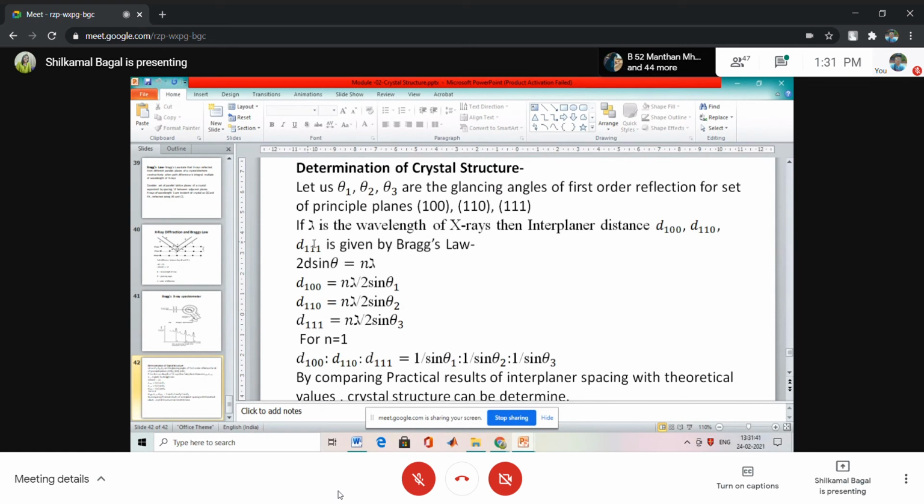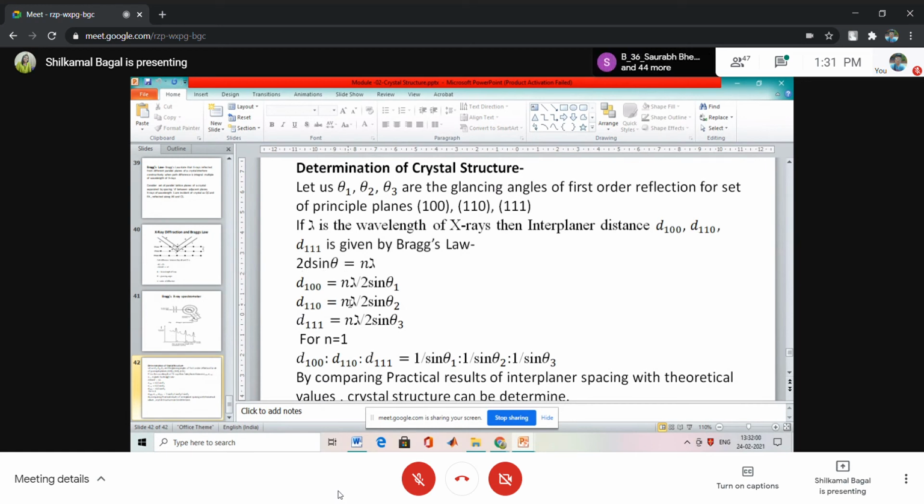Now suppose lambda is the wavelength of X-rays. Then the interplanar distances D100, D110 and D111 are given by Bragg's law, which we have already studied: 2D sin theta equals n lambda.